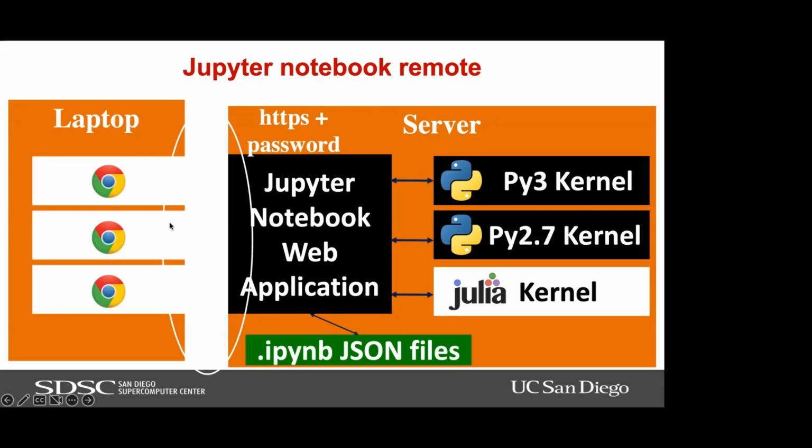But you are still accessing it from your laptop over HTTPS, the way we've set it up. And you're still running the same kernels, except now you have more memory, more CPU power, and so on.